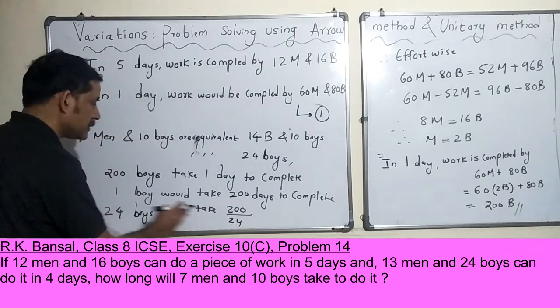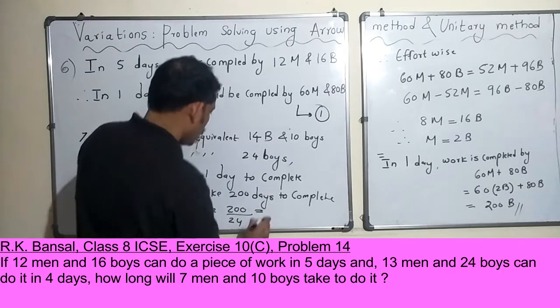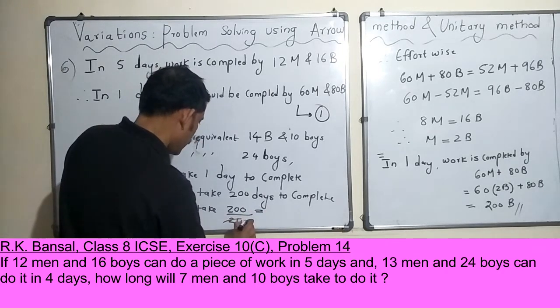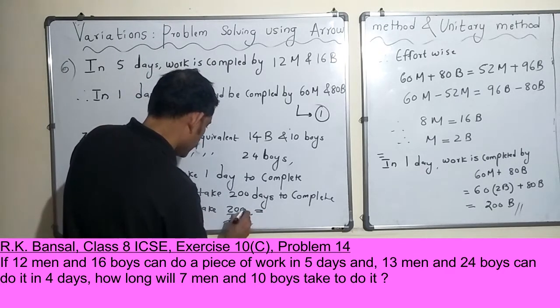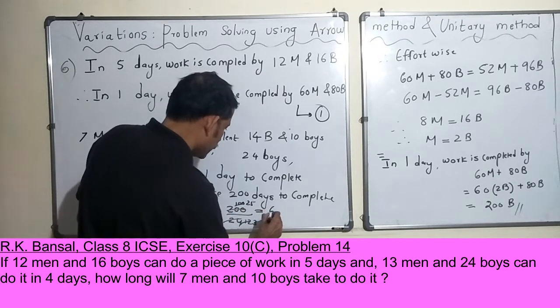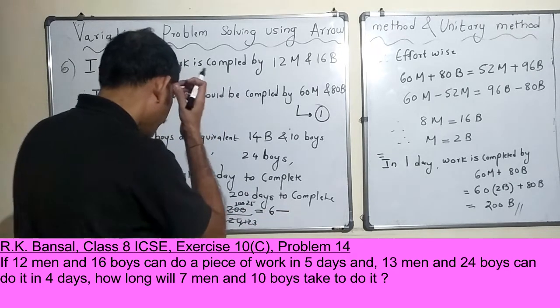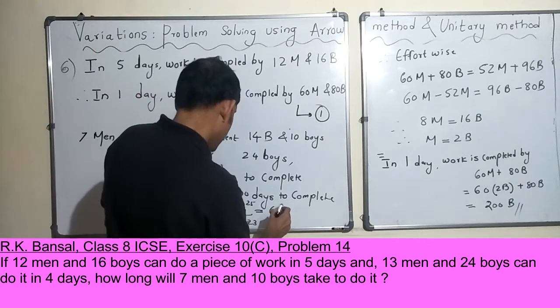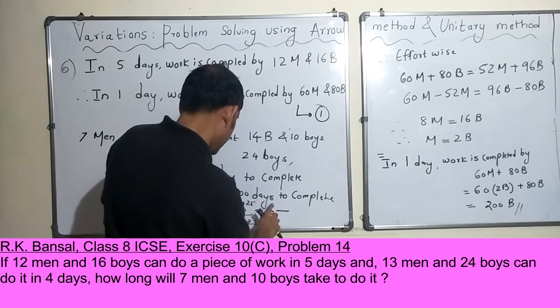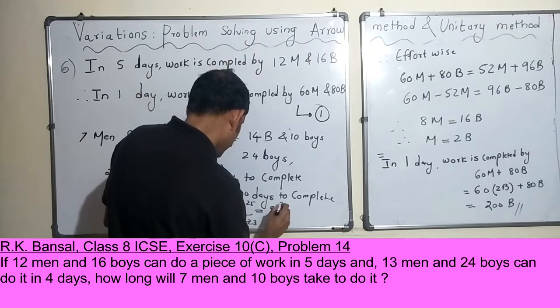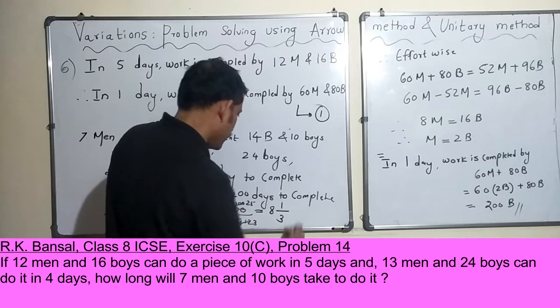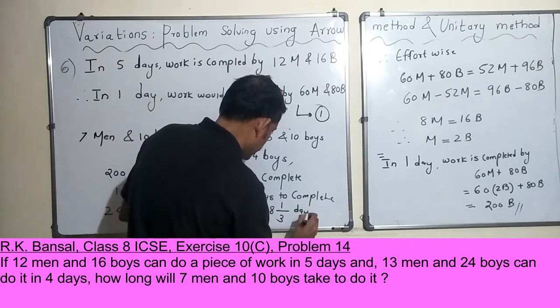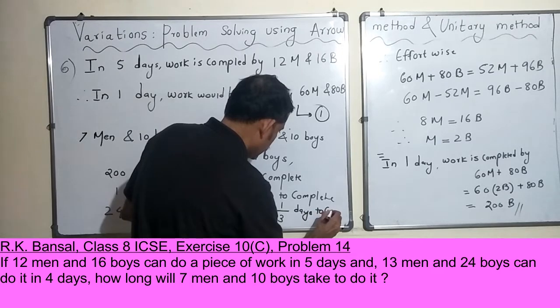One side multiplication, other side division, is equal to how many? So 200 by 24 is 25 by 3, which is nothing but 8 and 1 by 3 days to complete.